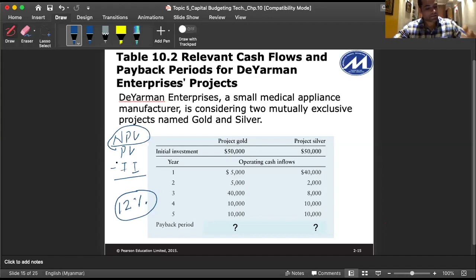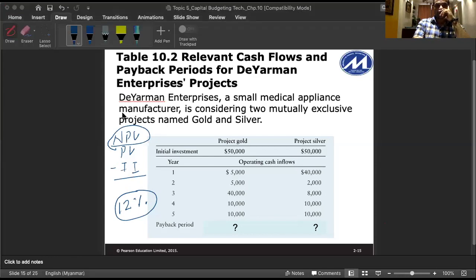So make sure you do not make a mistake when finding the right project. Anybody else who calculated the present value?